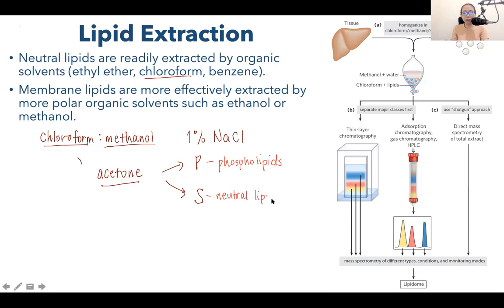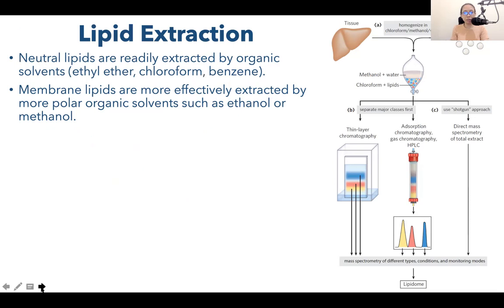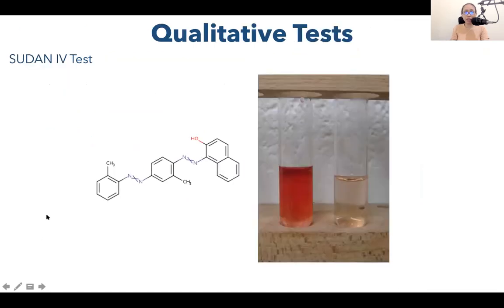So in the qualitative tests, the composition of the isolated precipitate and the supernatant should be reflected. The qualitative tests mentioned were three, right? Sudan IV test, phosphate test, and Lieberman-Burchard test.